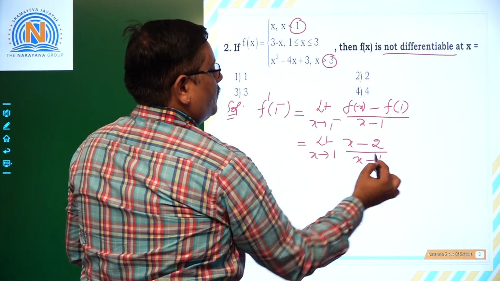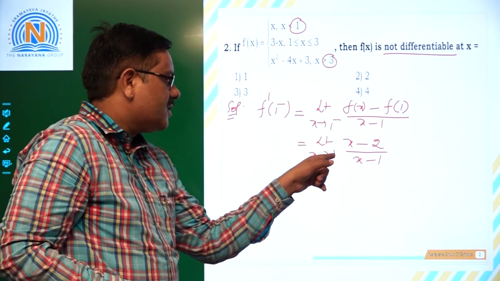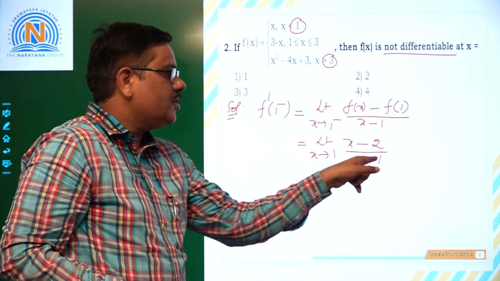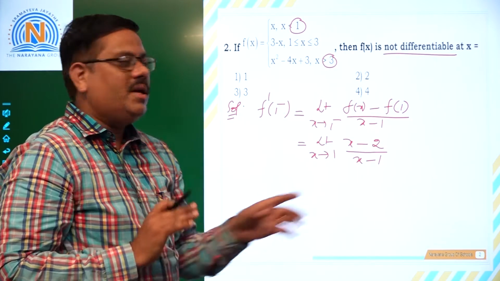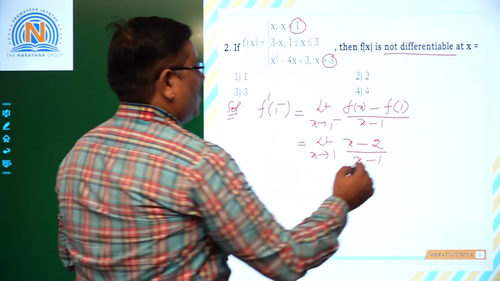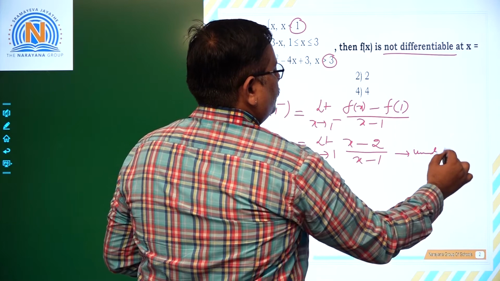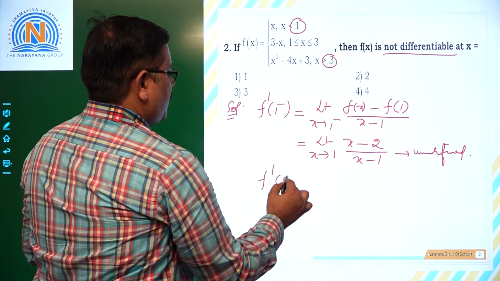So we have x minus 2 by x minus 1. If I take x as 1, we get 1 minus 2, that is minus 1, by 0. Some constant upon 0 is not a defined value, so it is not a finite value. It is undefined.